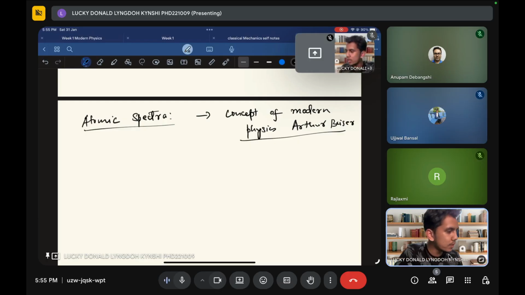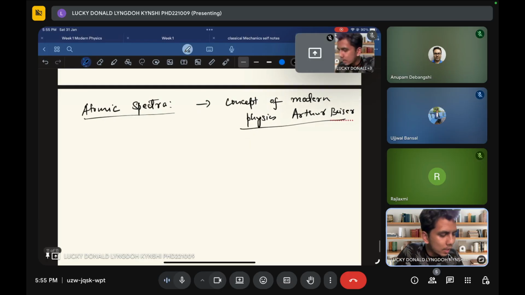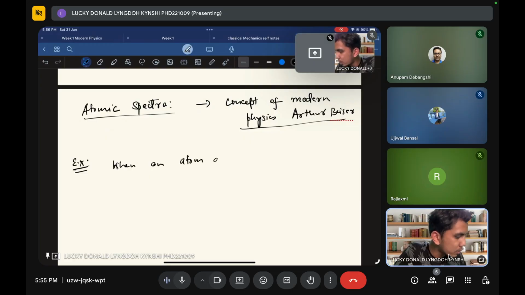Let us take an example. Suppose when an atom, gas or vapor, is excited, right?